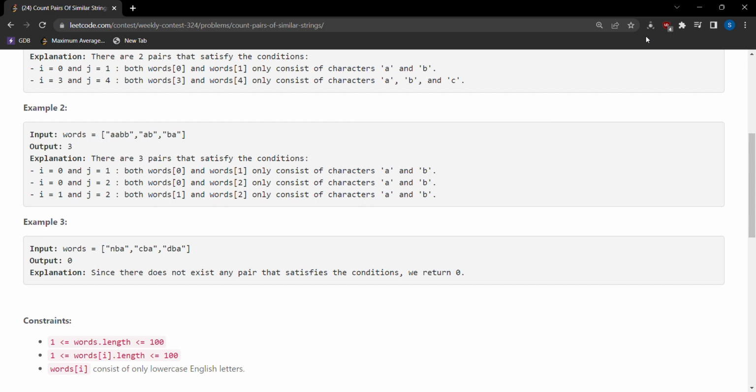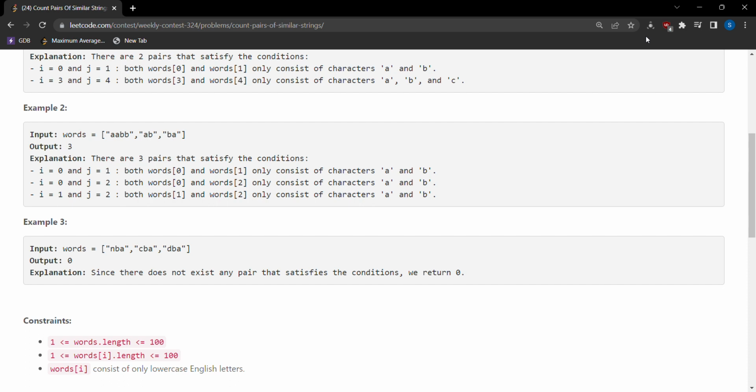Now how do we calculate how many pairs there are? That's actually pretty simple. This is just a basic permutation and combination question, which is to find the number of ways to select two objects out of the given n objects.